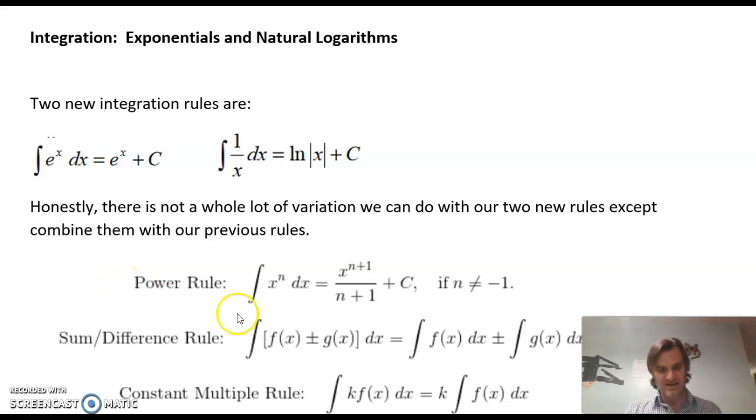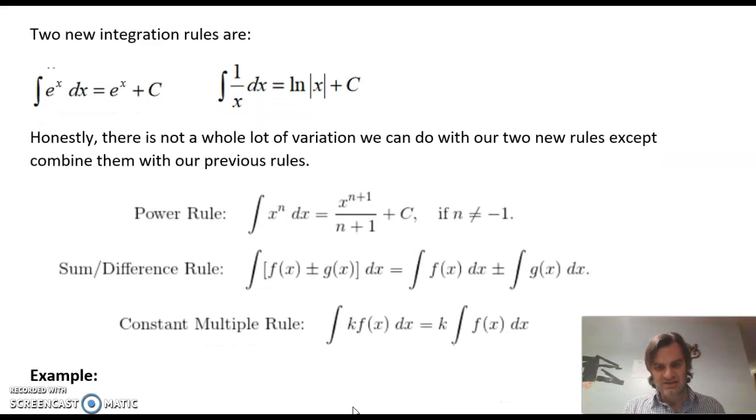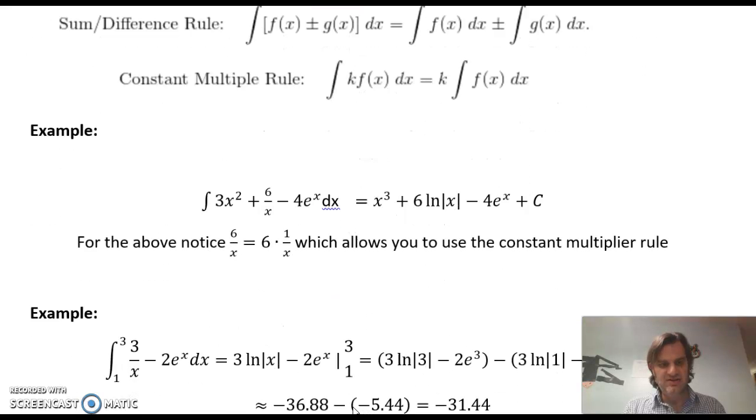The reverse power rule, the sum or difference rule, which allows us to integrate two things that are a linear combination separately, and the constant multiplier, which basically means if there's something in front of a function you can integrate, then that number just stays there. Okay. So let's just see two very quick examples.